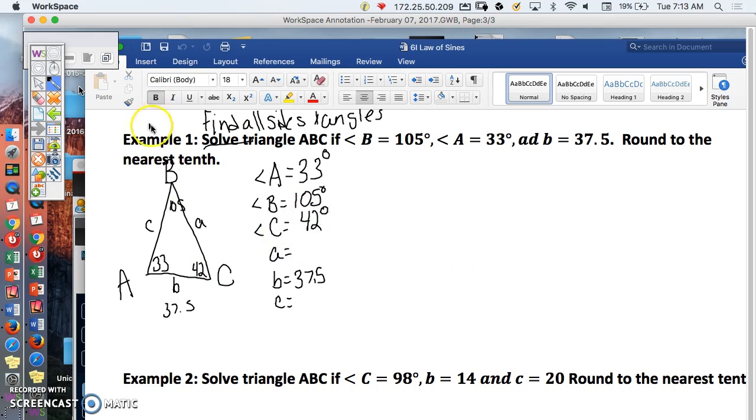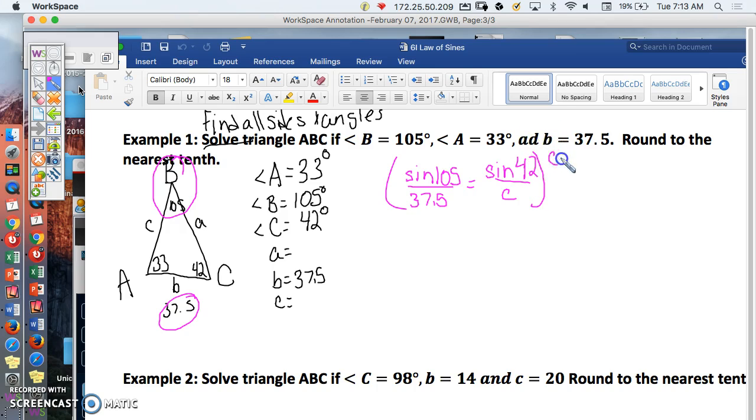And we can use law of sines because you'll notice we have an angle. So we have angle B and we have little b. So we can set this up, the sine of 105 over 37.5 equals, if we wanted to find c, the sine of 42 over little c.